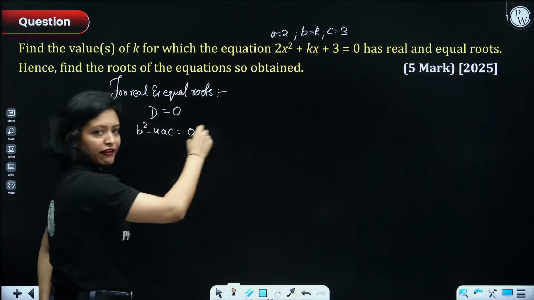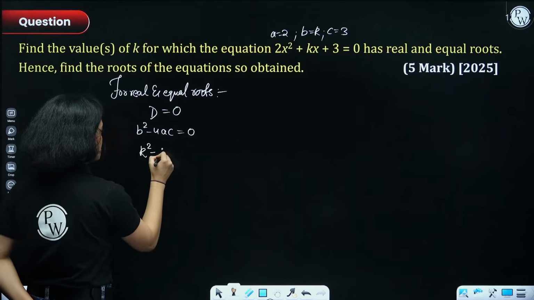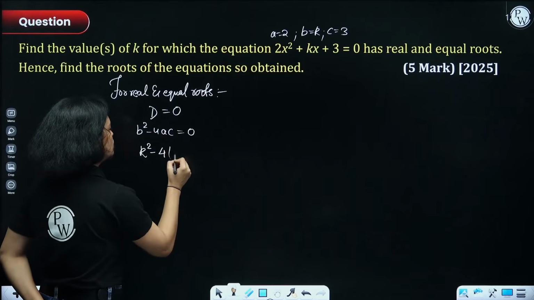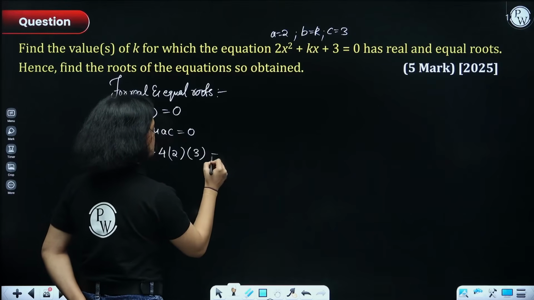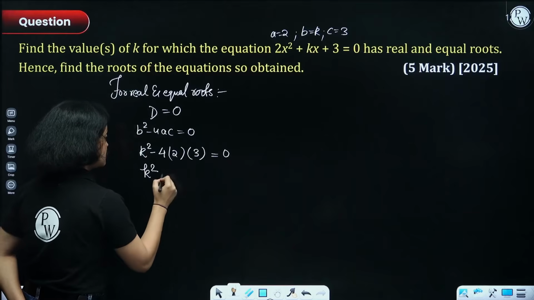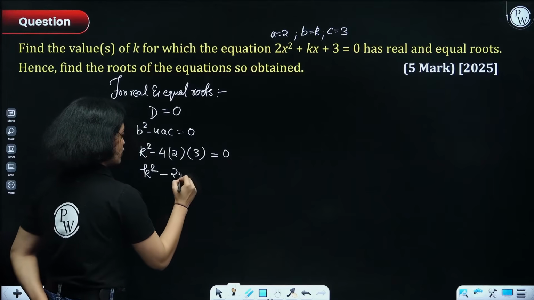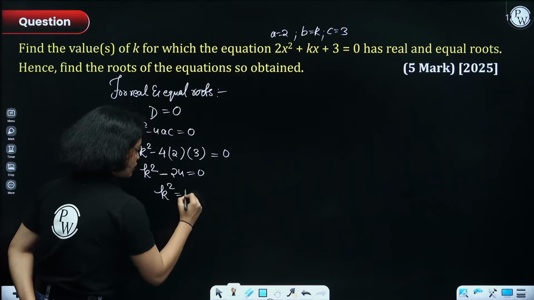So let's just put everything here, everyone. So we'll get what? k square minus 4 into 2 into 3 is equal to 0, right? So from here you can see that k square minus 24 should be equal to 0, and from here you can see that k square should be equal to 24, right?